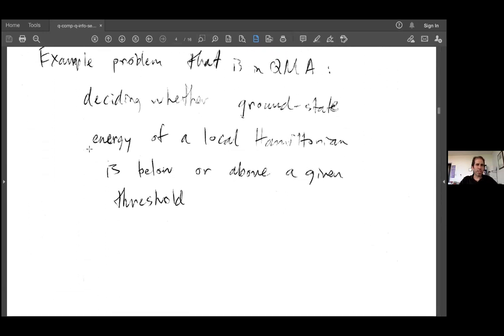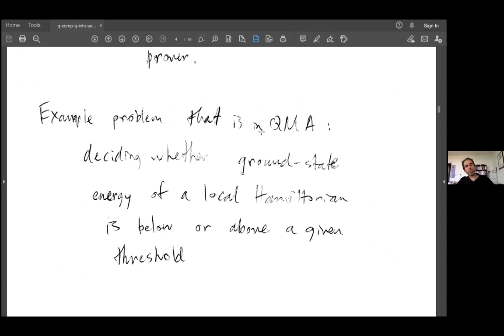So I guess I've already discussed this example of local Hamiltonian, but that's a nice problem that's in QMA, and you can prove that it's also hard for QMA. I'm not going to talk about hardness results today because I want to focus on the algorithms that I'm going to get into. Okay, but this problem of local Hamiltonian, because it's complete for the class, kind of characterizes the class. So you can think of QMA in terms of this local Hamiltonian problem.